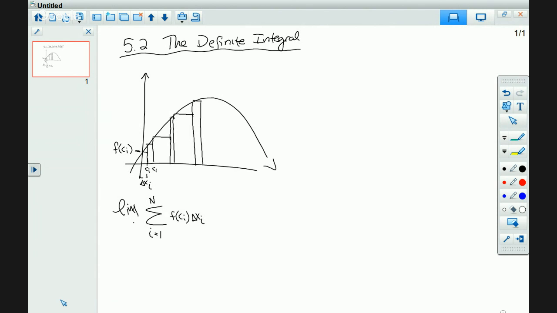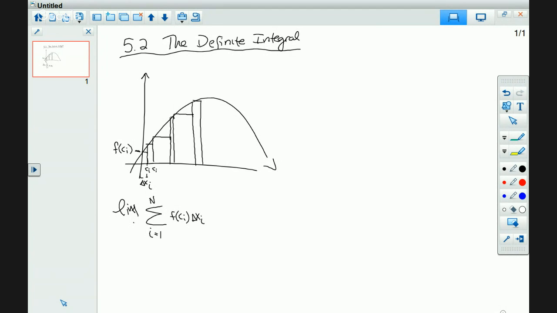What if I took, consider this, i equals 1 to infinity? 1 rectangle, 2 rectangles, how many rectangles am I going to have? An infinite amount, are they going to be small? Not necessarily. Right? So with the other theory, we made the rectangles really small, right?